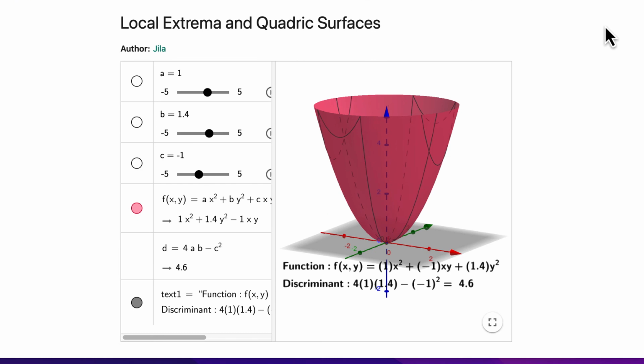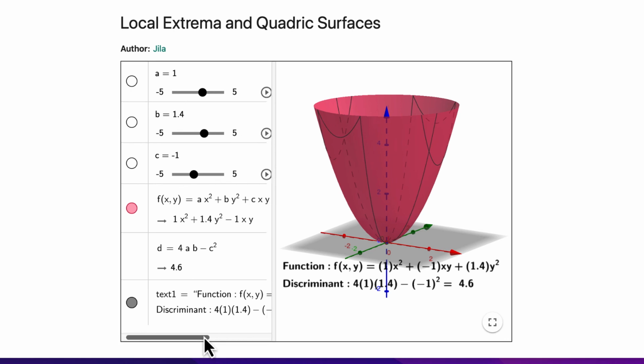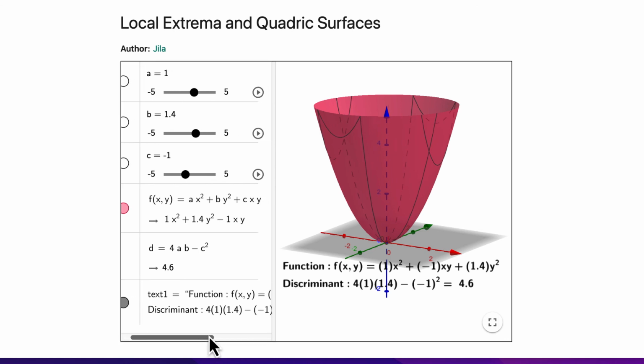So let's take a look at all the different shapes that we get with our different polynomials. In here, I set up the polynomial to be f of x and y equal to a x squared plus b y squared plus c xy, and a, b and c can change.